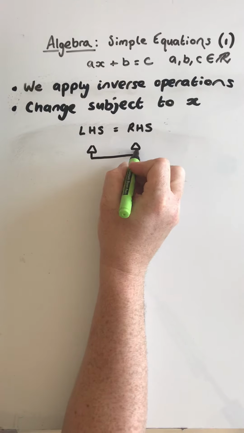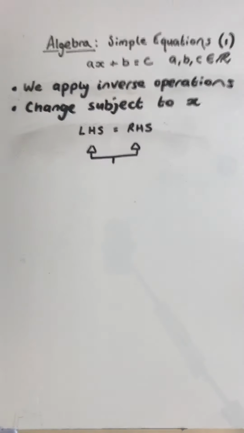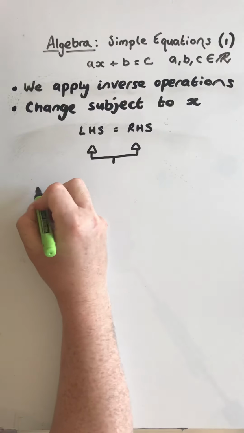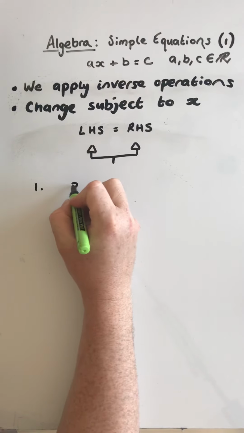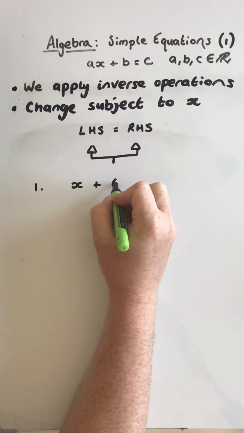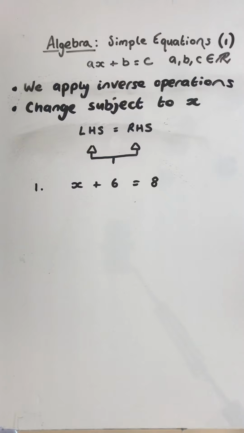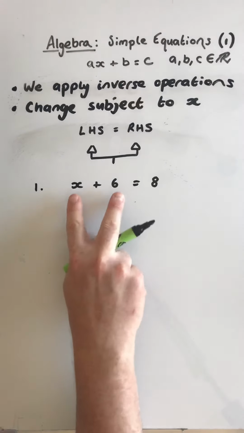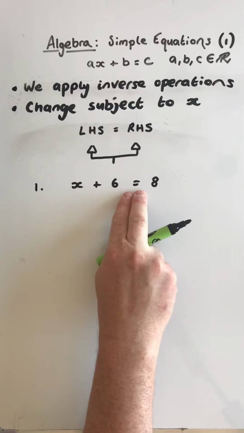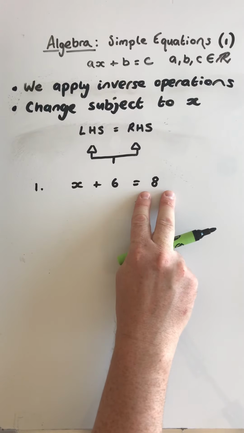Okay, so that is a set of scales which is balanced. So for example, x plus 6 is equal to 8. So this at the moment is balanced. The left hand side is equal to the right hand side.